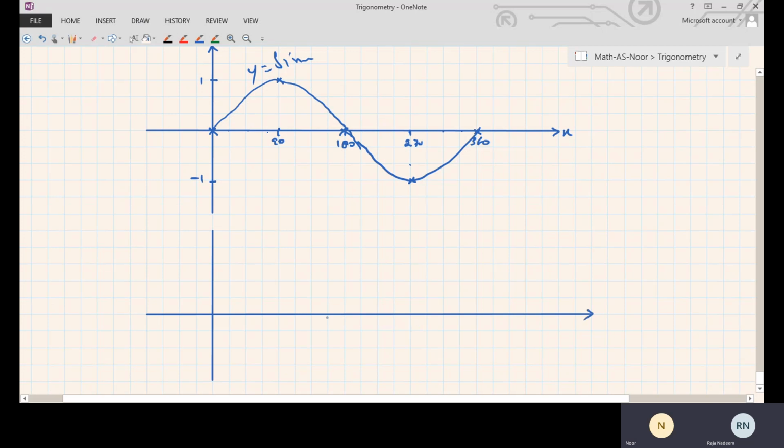Okay. For cos of x, 90, 180, 270, 360. This is 1 and this is minus 1. Use the calculator to give me the answers. Cos 0 is 1.